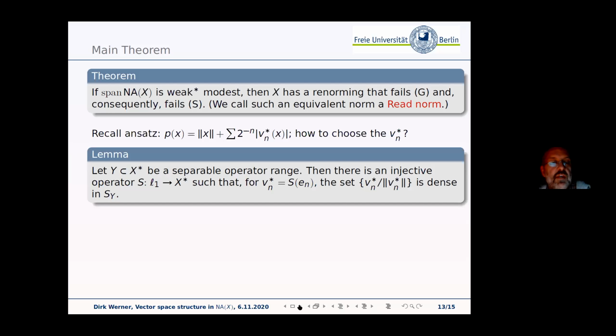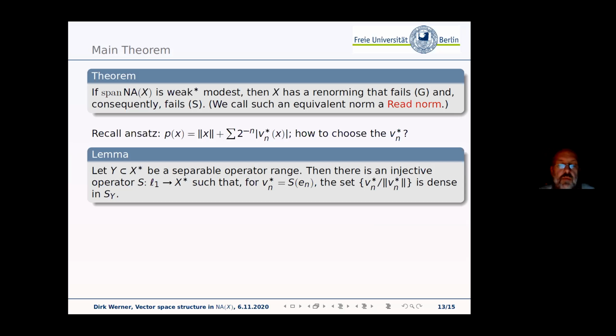So the key technical lemma for all this is that by modesty, we have this operator range, but we want to replace it by a nicer operator range, namely one where the operator is defined on little l1, which is technically easier because it's easy to define operators on little l1. And whenever you look at the image of the unit vector basis, these are the Vn stars, then the normalized images are dense in the unit sphere of the operator range.